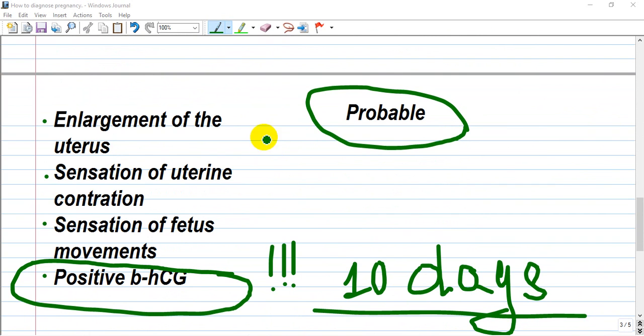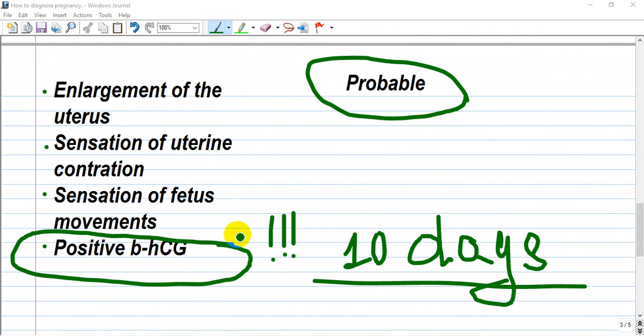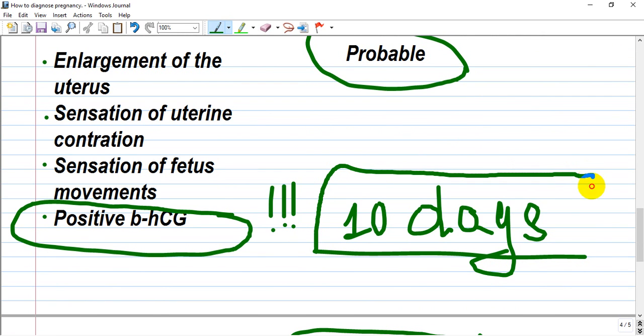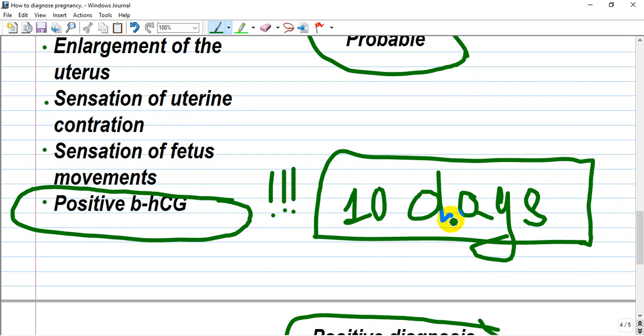A probable test will be enlargement of the uterus, sensation of uterine contractions, sensation of fetus movements, but a beta-HCG test, if this is positive, it's like 100% that woman is pregnant, and it can be done only after 10 days of the ovulation, because only at that time it can be positive, or after 10 days of unprotected sex.